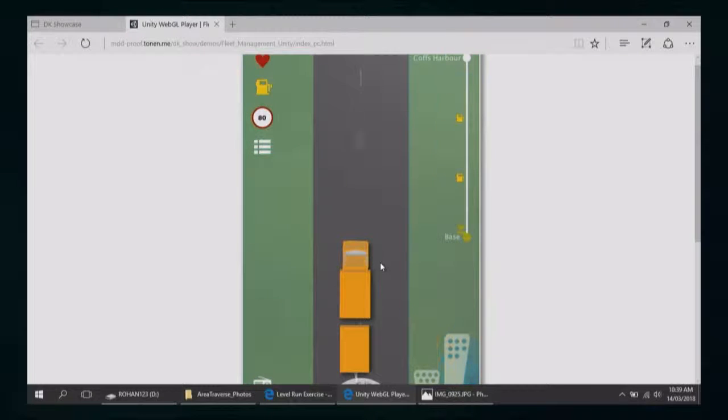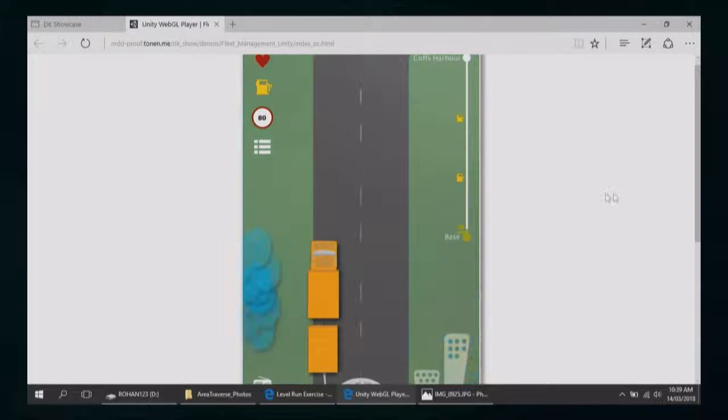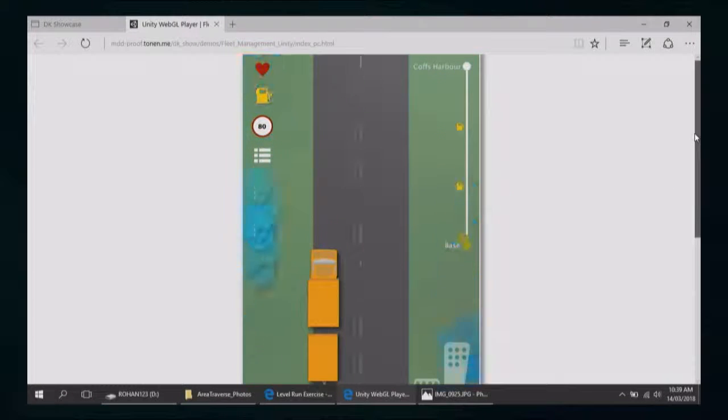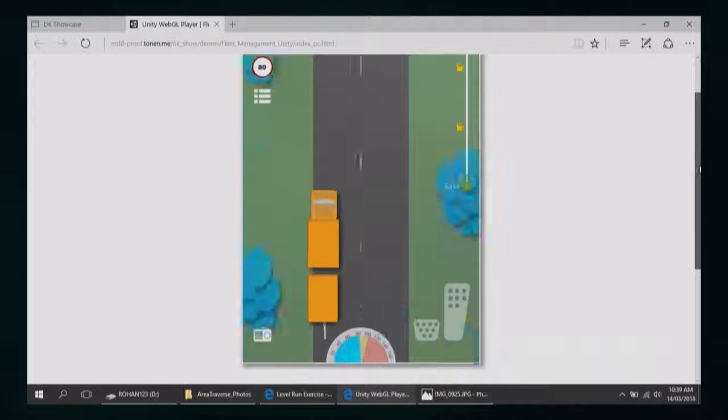It allows a student to simulate a journey and calculate a price per ton per kilometer. Now you can't see my entire screen here, but you can see there's a dashboard at the bottom in which I can see my speed. I could occasionally get a speeding fine as well.